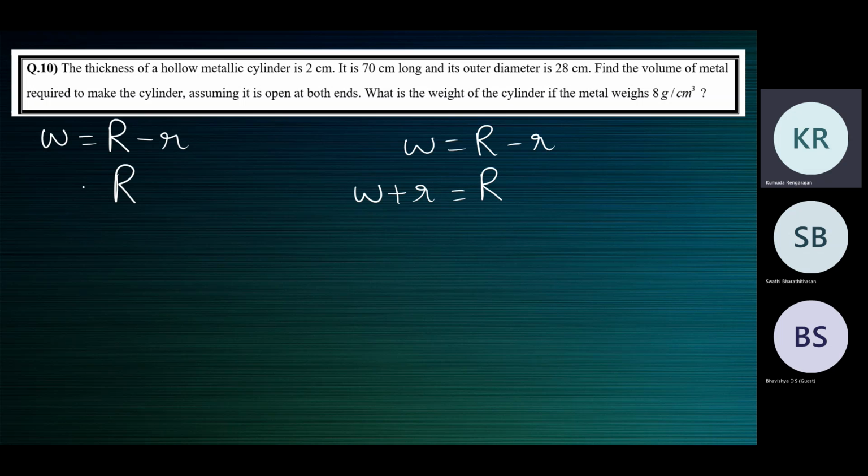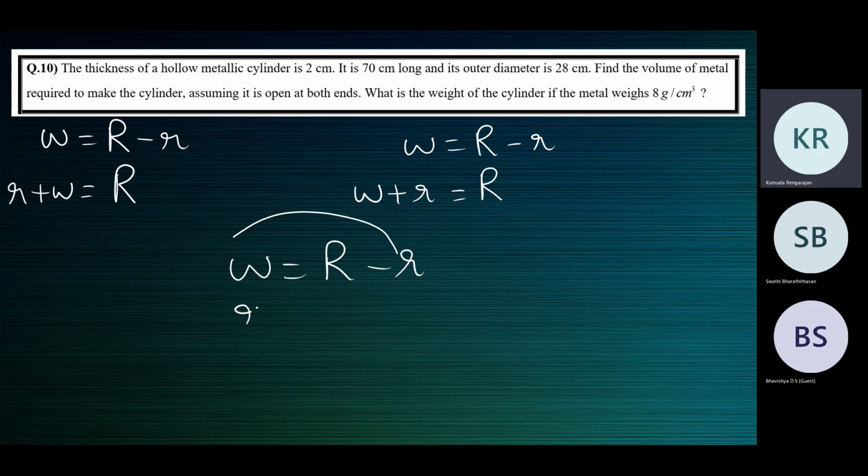So capital R is equal to, when you transpose minus r, it will become plus r plus W. So r plus W is equal to capital R. And if you want to know what small r is, take this to the other side. Small r is equal to capital R minus W.